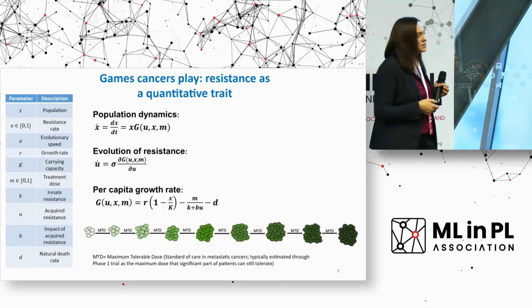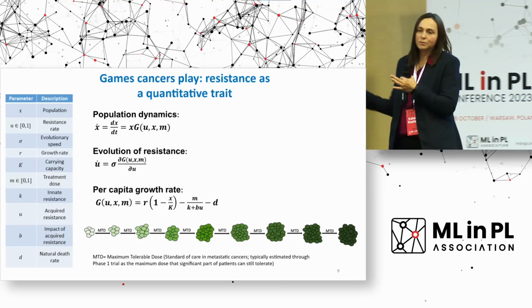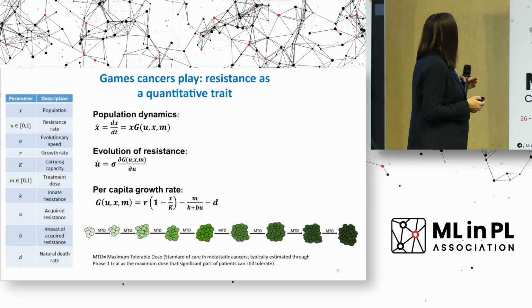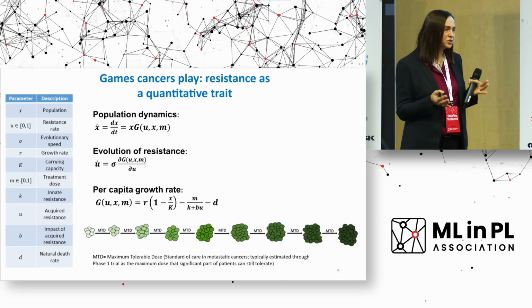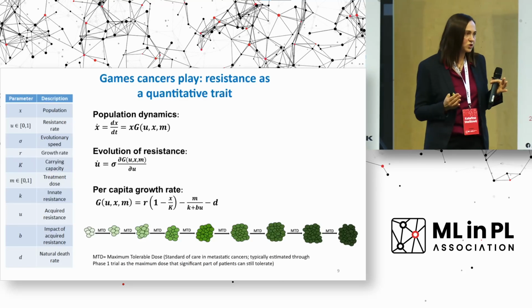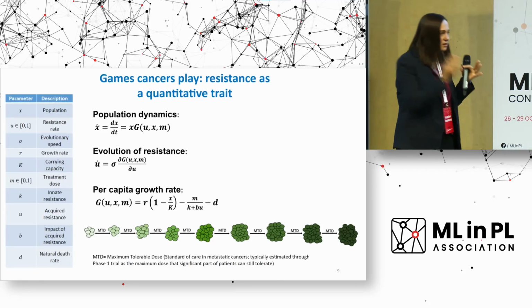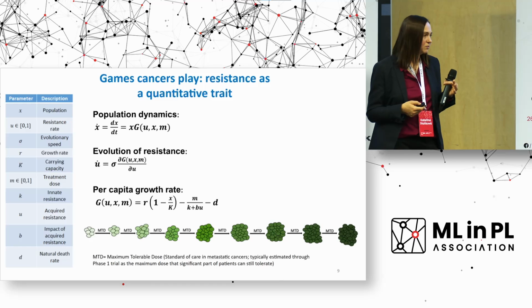And then there are cancers where we have absolutely no clue whether there are distinct types which are sensitive or resistant. So then we use slightly different models where we assume there is one population of cancer cells, and there is some resistance trait, which means the cells are not either fully sensitive or fully resistant, but they can gradually become resistant, yeah?